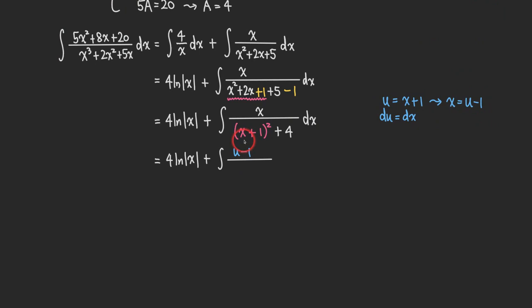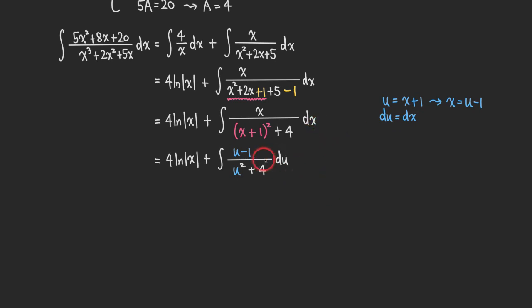Because the x plus 1 is being replaced. So u squared, and then plus 4. And then du, right? dx is equal to du, so we replace that.